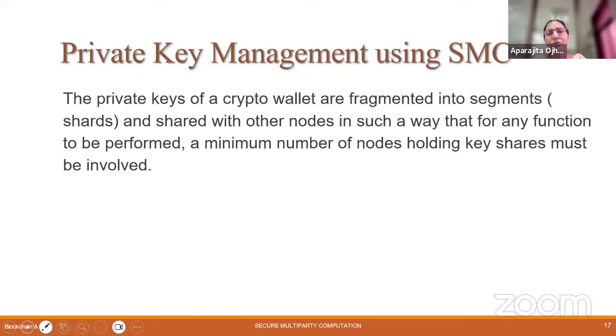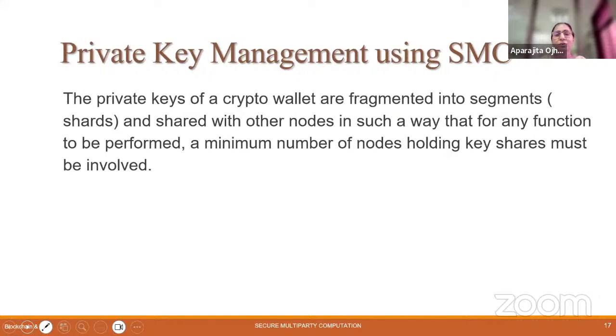The private keys of a crypto wallet are fragmented into segments, which are known as shards, and shared with other nodes in such a way that for any function to be performed, you need a minimum number of nodes holding key shares to be involved, similar to a threshold signature scheme.